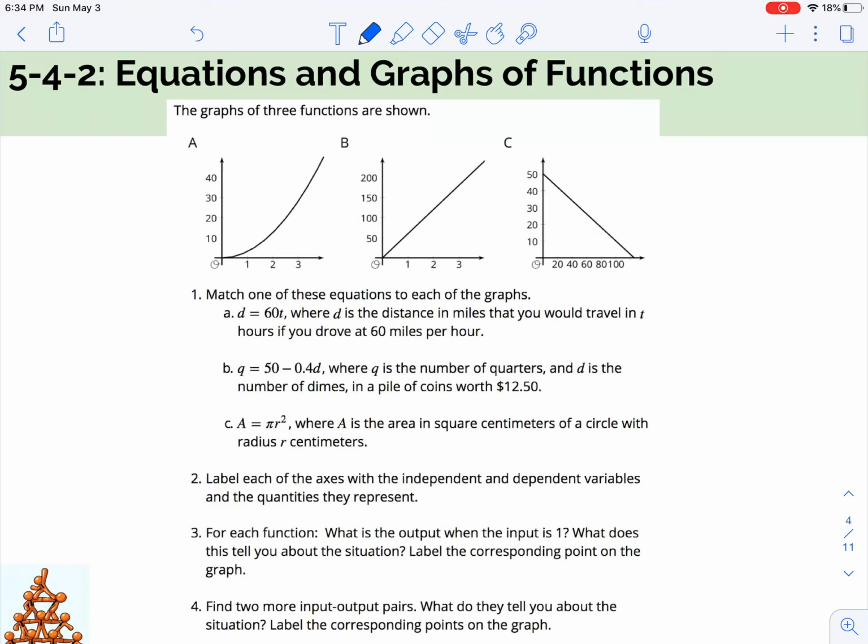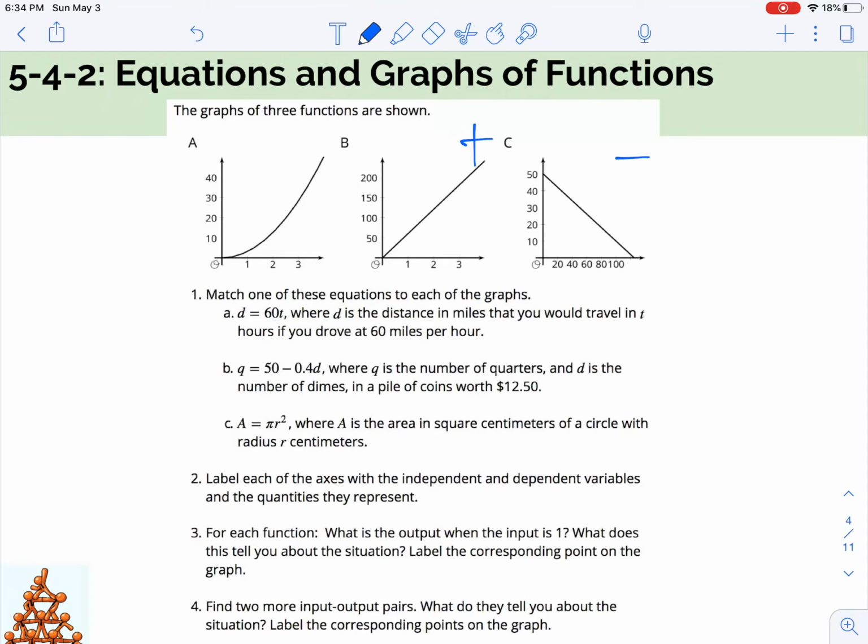So right away I'm looking at the three graphs and I see that one of them is curved and the other two are not. One of them looks like it has a positive slope. This one looks like it has a negative slope. And then graph A is curved, so I already know that that's going to be a different kind of thing.